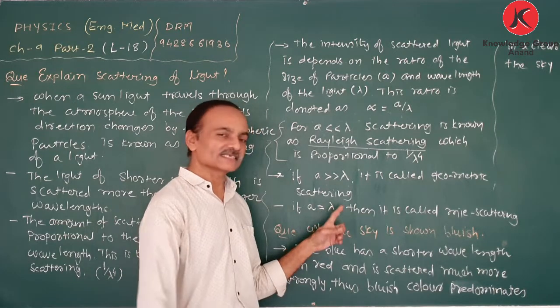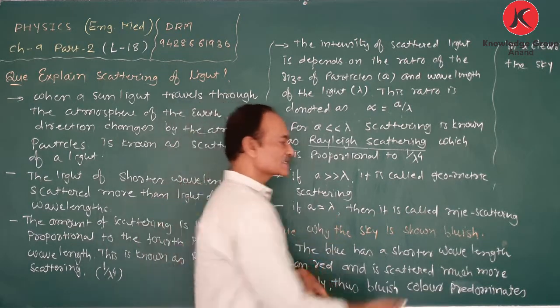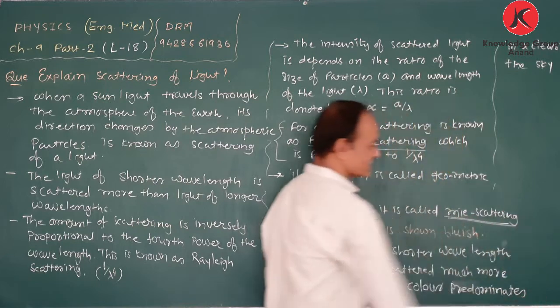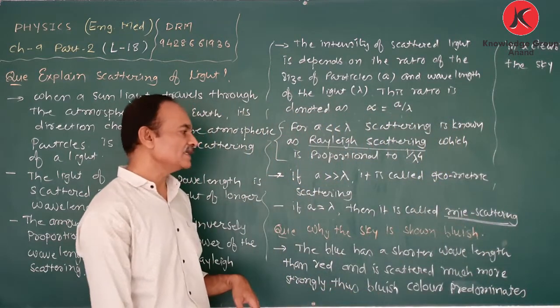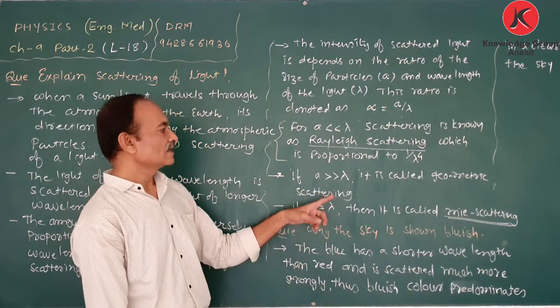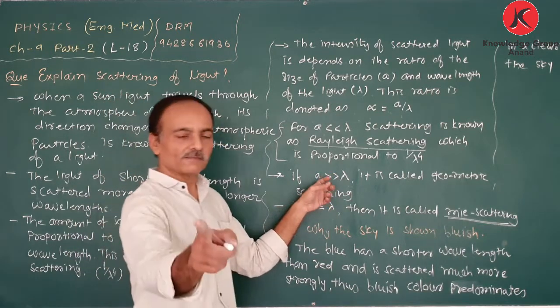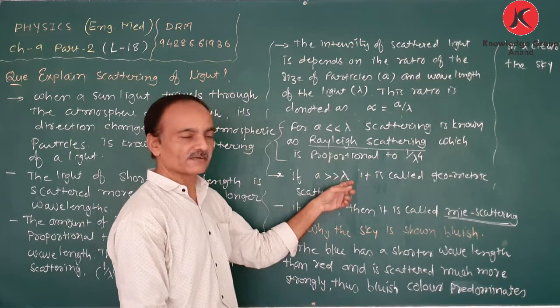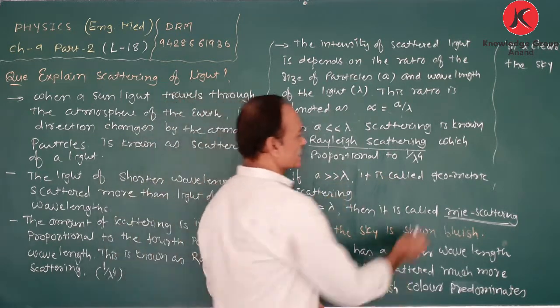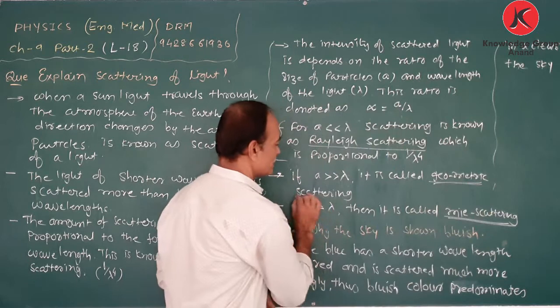At that time, the scattering occurs, but this scattering is known as Mie scattering. So the condition here is: if the size of a particle is very large compared to the wavelength, such scattering is known as geometric scattering.